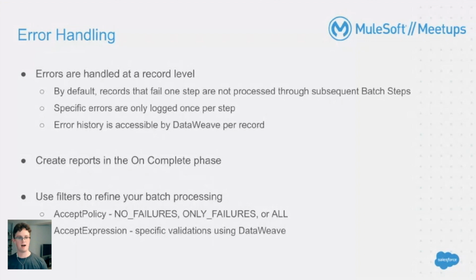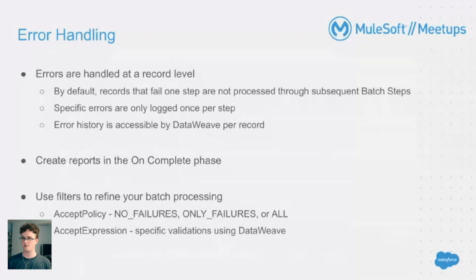So you might have a call in your batch step where you're getting some information back, and you want to make sure that all the dates are less than today or greater than today, or that a certain integer is greater than 20, or any number of validations. Anything you can think of, you can set up an accept expression to do that in DataWeave.